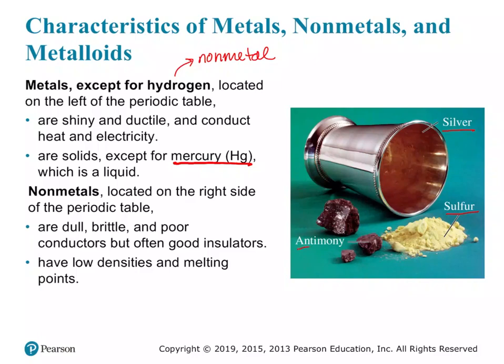Now, antimony is also shown in this grouping, and antimony is a metalloid. And metalloids have properties of both metals and nonmetals.